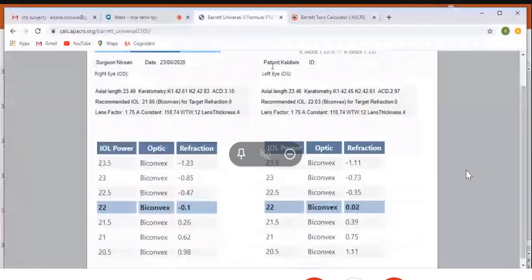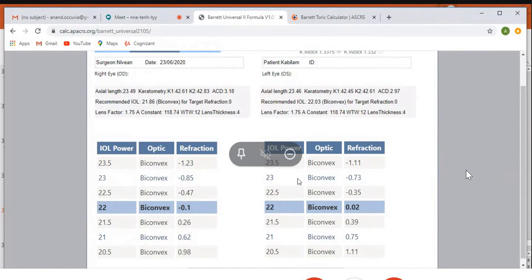Nowadays most of the time the doctors are going with these online calculators rather than the biometer calculation, because these online calculators are giving much more accurate values. Whenever the doctor is calculating with this Barrett formula, they will aim for emmetropia.